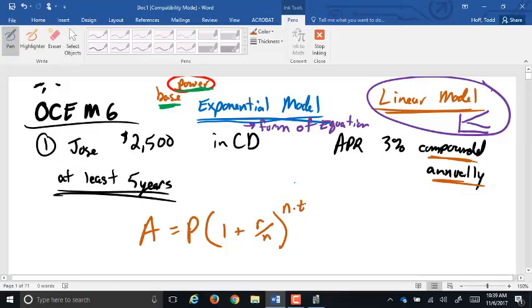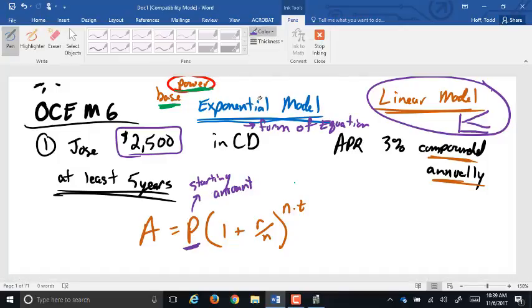Now, most of this formula is pretty self-explanatory. The principal, what does the principal stand for? In this problem, it would be 2,500, yes. And that is always the starting amount. And yes, definitely the 2,500 in this problem.